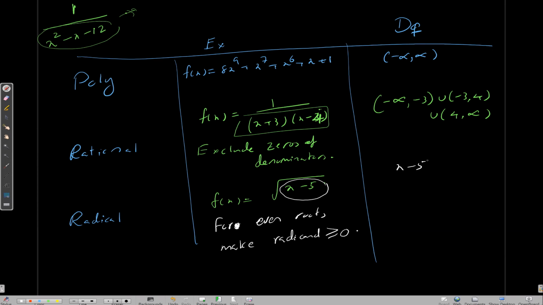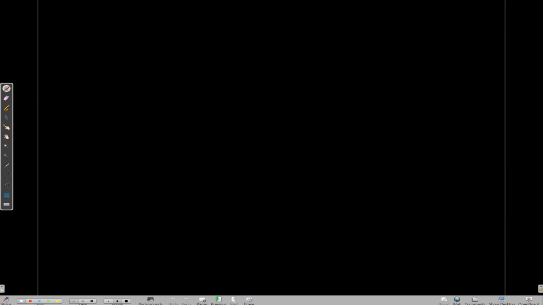So x minus 5 greater than 0, so x has to be greater than 5. So the domain of f is 5 to infinity. So these are the techniques that you must use. You know what, let's look at a few more examples.